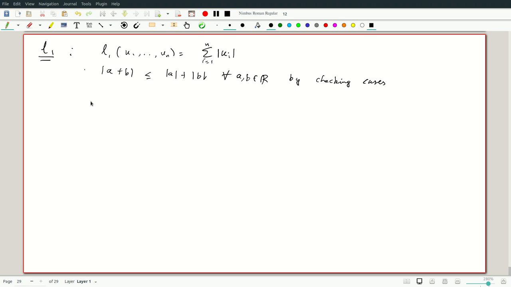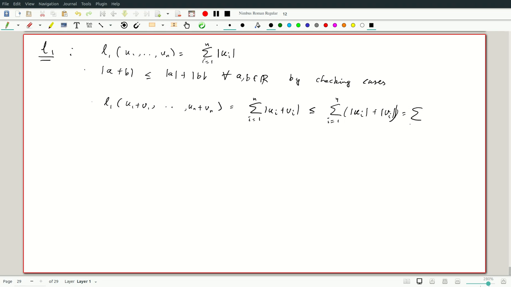Okay, and now we can just check. L1 of the sum, whose coordinates are U1 plus V1, and so on, up to Un plus Vn, is the sum of i equals 1 to n of mod ui plus vi, which, as we just commented, is less than or equal to the sum of i equals 1 to n of mod ui plus mod vi, which now we simply regroup and note that this is a sum of two different terms.